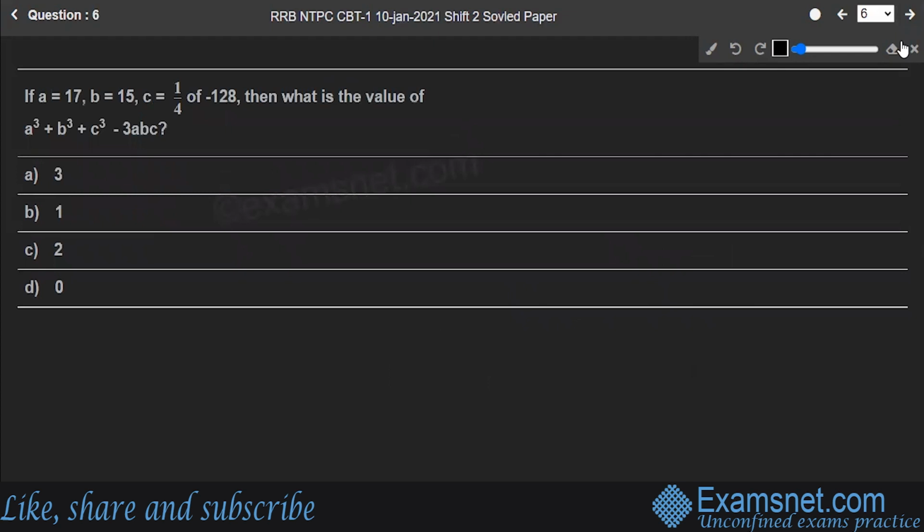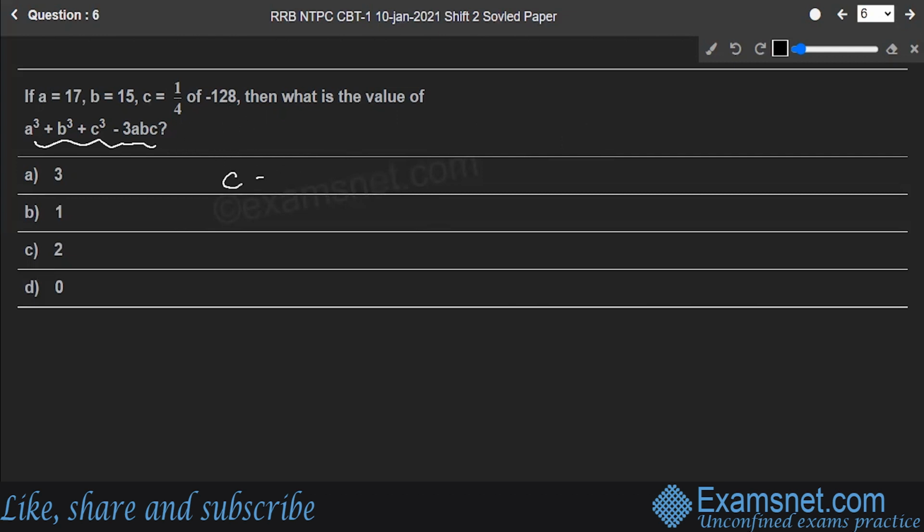If A is 17, B is 15, C is 1 by 4 of minus 128, then you have to find out the value of this given expression. Okay, so first thing, you are given certain values and there are 3 variables, A, B, C, and there is a cube involved over here, right? Let's try and do one thing.